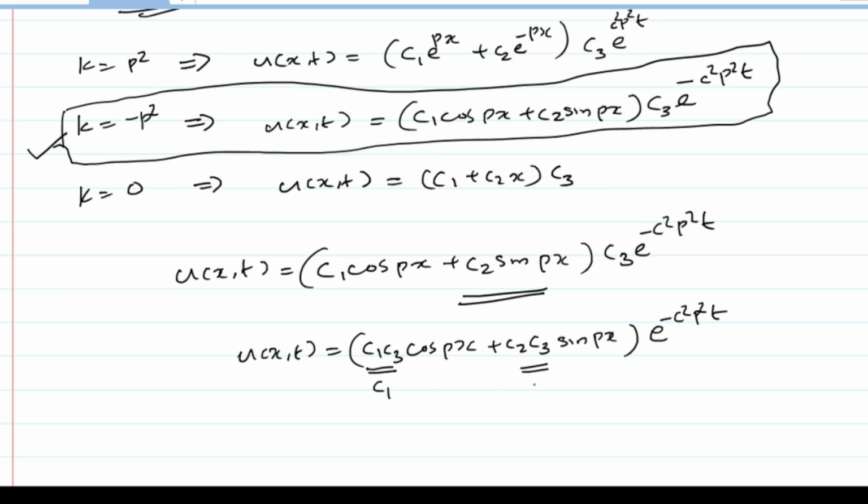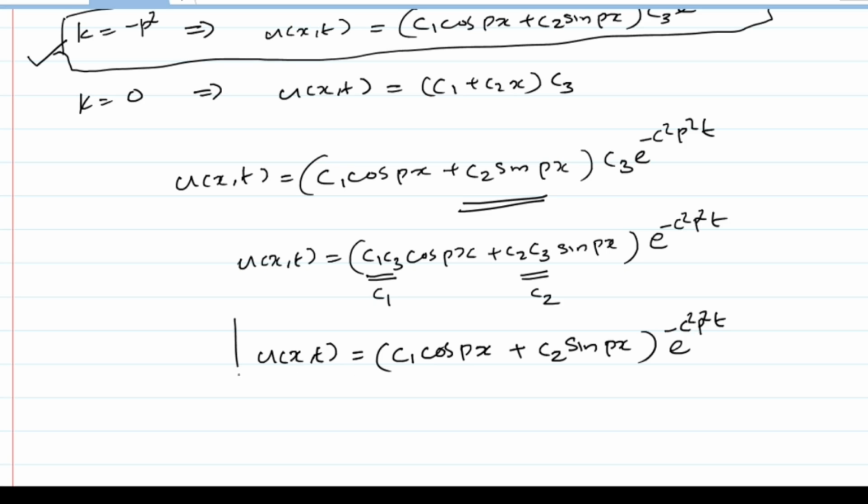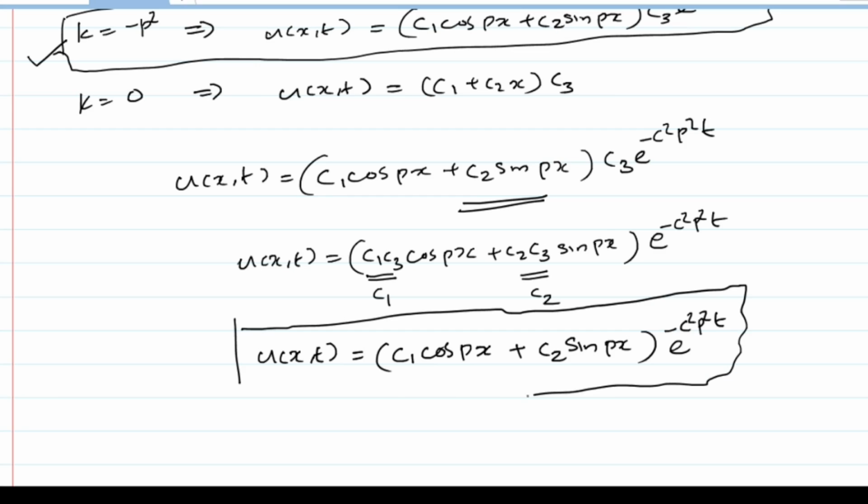Since these are arbitrary constants, we can do this. So finally u of x,t is equal to c1 cos px plus c2 sin px into e raised to minus c square p square t. This is what we actually take as the solution of the one-dimensional heat equation.